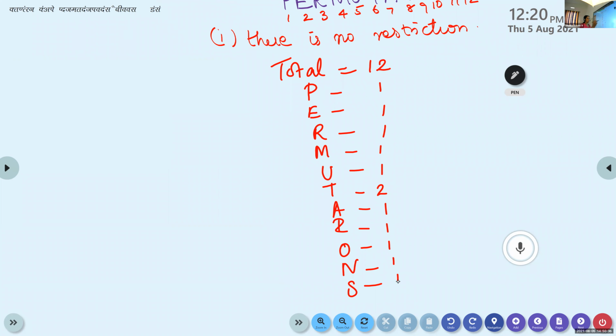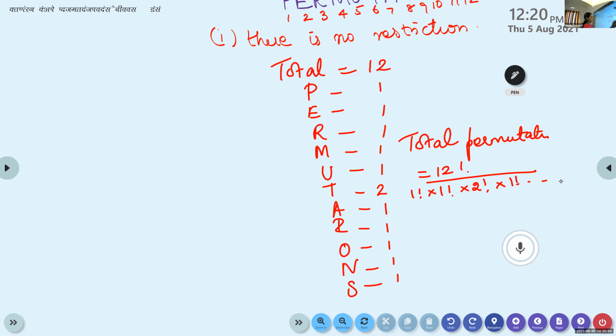So what will be the total permutation? That is 12 factorial by 1 factorial into 1 factorial into 2 factorial into 1 factorial and so on. So it is 12 factorial by 2 factorial.